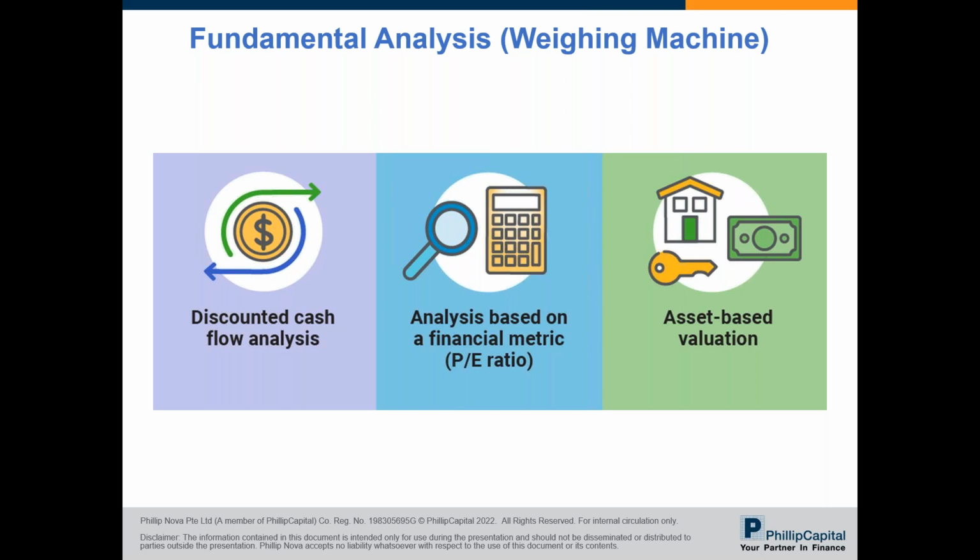Every year the company will need to report their earnings, and these earnings results can be reported in three major groups: the cash flow statement, the income statement, as well as the balance sheet, right? How we analyze these three statements will then determine how an investor would value the business.